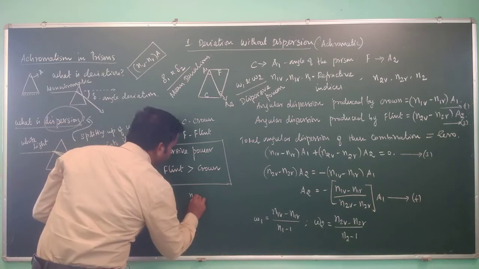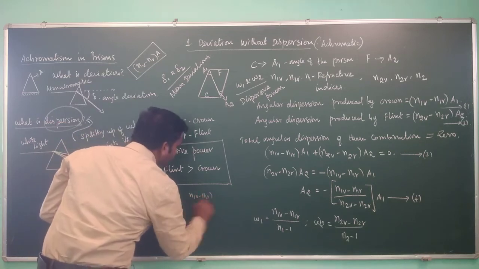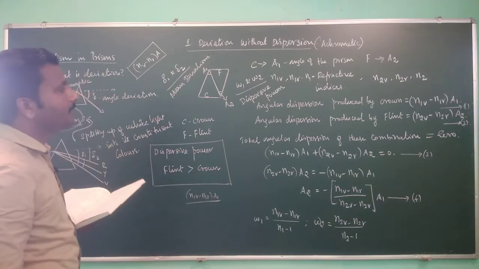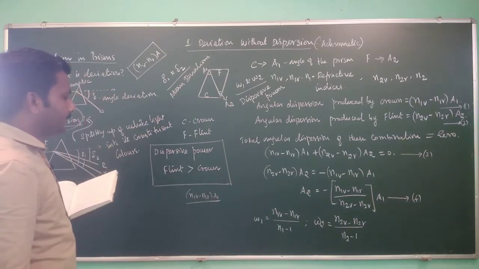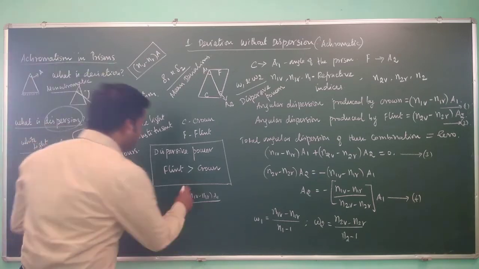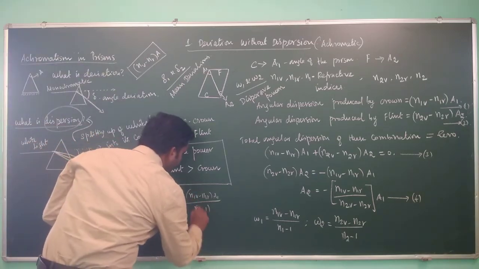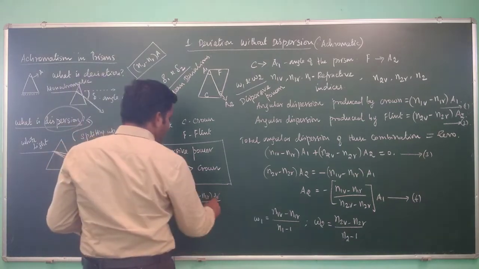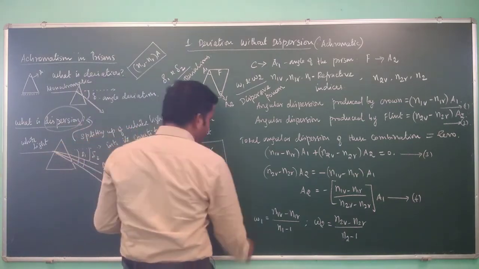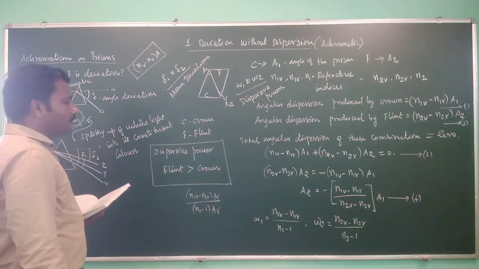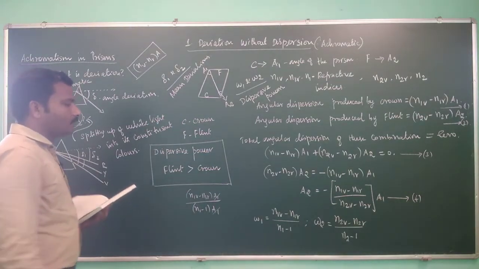You can write N1V minus N1R into A1 for crown prism, if you are writing the angular dispersion for violet and red. And the deviation of mean ray, that you can write N1 minus 1 into A1. So this A1 will cancel out, so that dispersive power omega 1 is equal to N1V minus N1R divided by N1 minus 1.